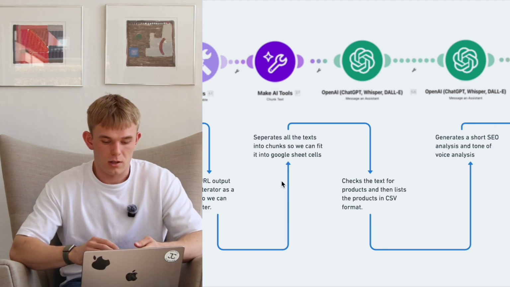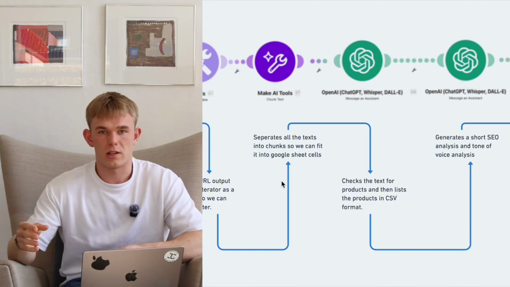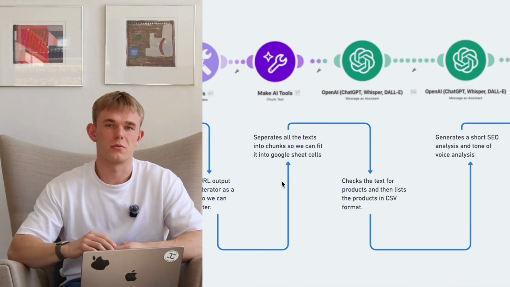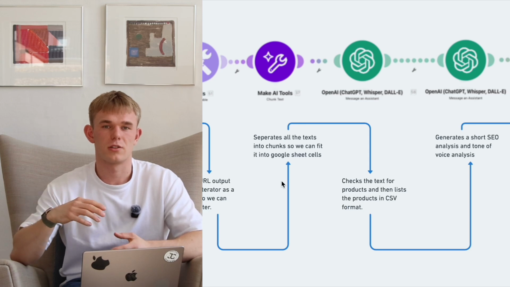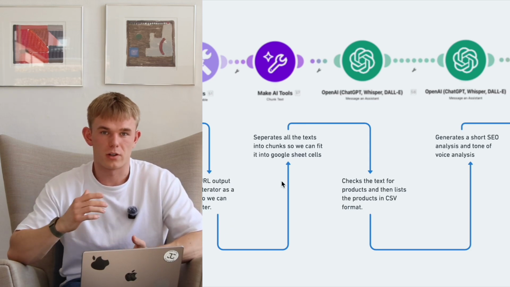This messages the input as a user message to the assistant that you've already created in the OpenAI platform. So you have to go to the OpenAI platform, make a new assistant, and prompt it however you would like to.